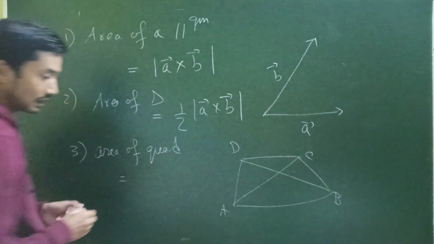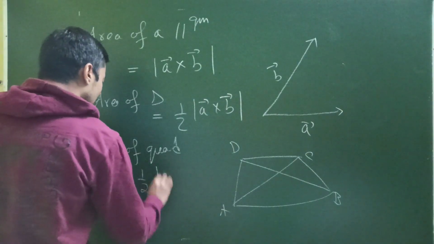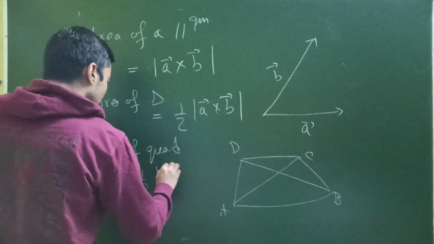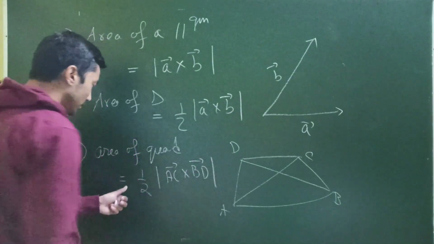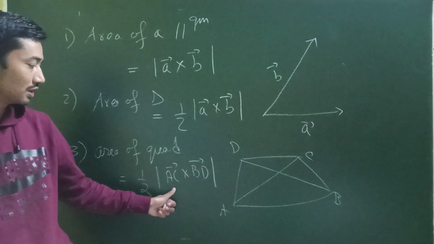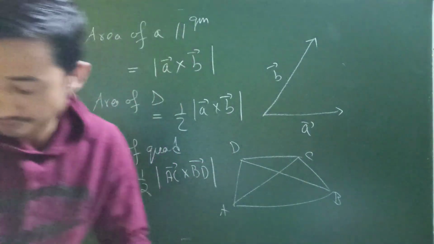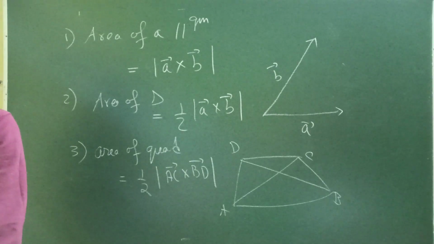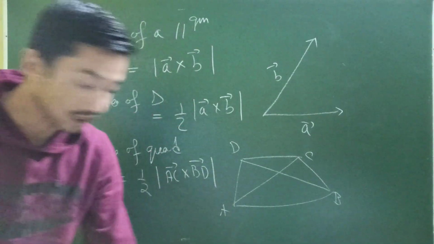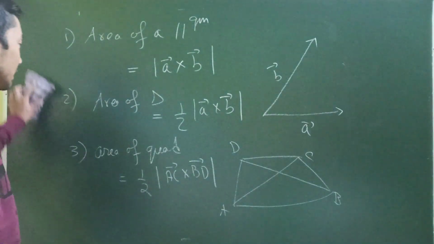That area will be given by half of the magnitude of the cross product of the diagonals, AC cross BD, where AC and BD are the respective diagonals. Fine? Okay.